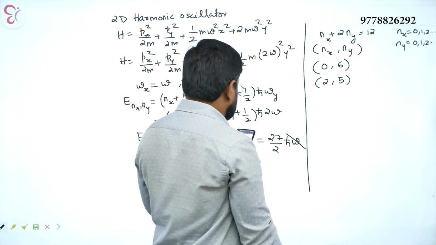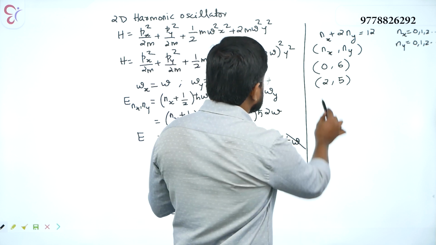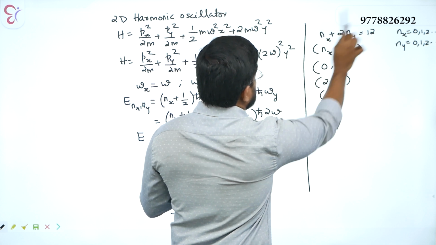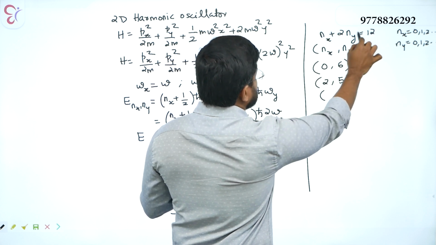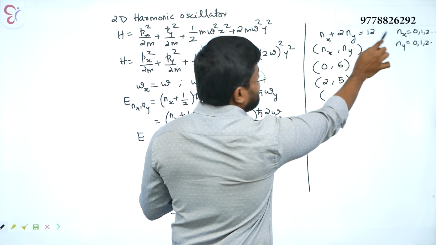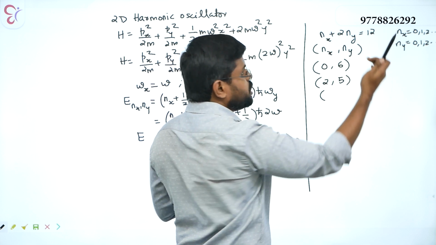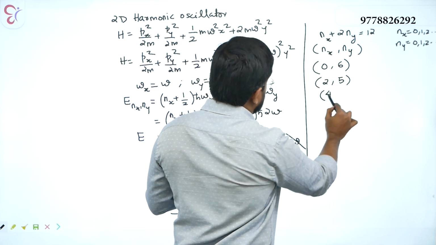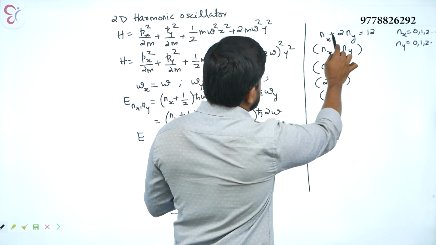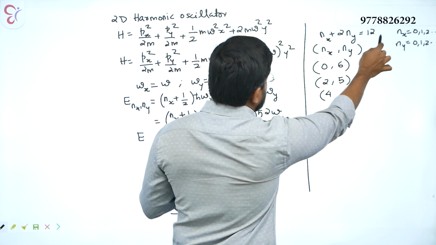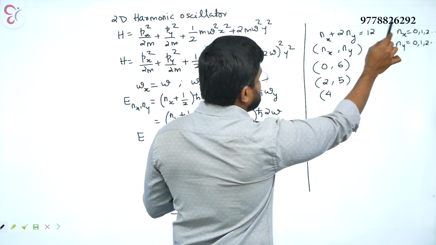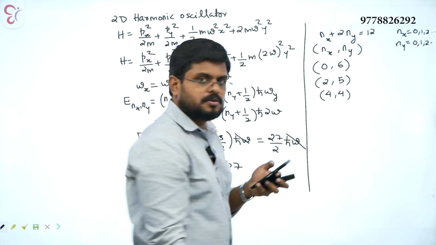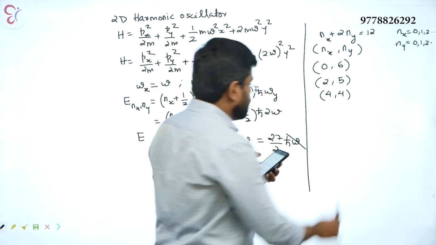Clear? And then what is the next value? If you substitute 3, then 2ny equals 9, so 9 by 2 won't be an answer. Then substitute 4. Then it will be 8, so 2ny will be equal to 8, ny equals 4.